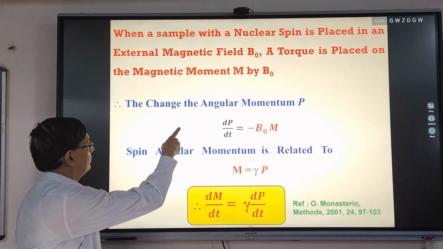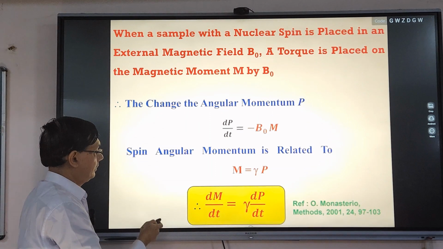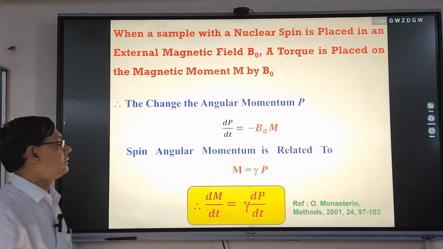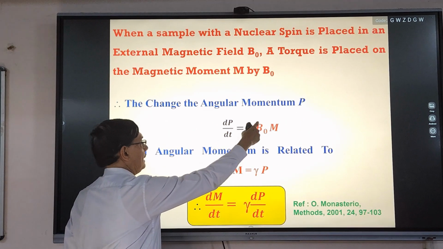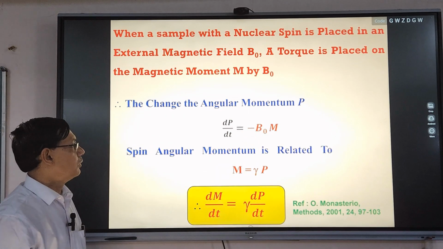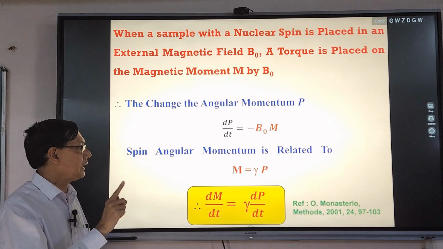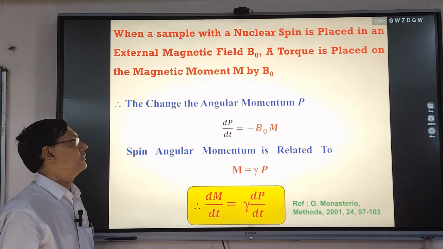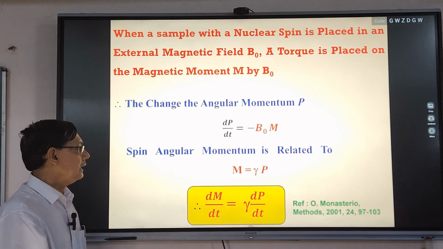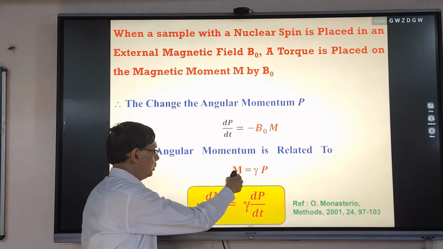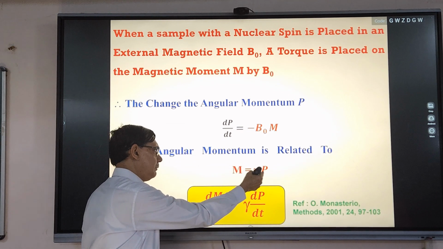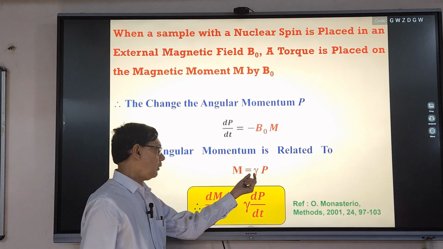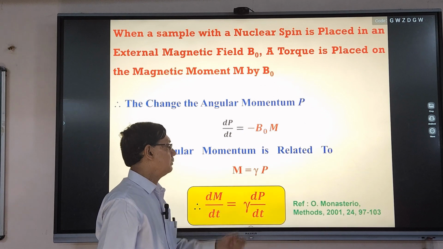Now the change of the angular momentum is equal to minus B0 and M, that is, the external magnetic field and the magnetic moment, or you can write the magnetization. Fortunately, the spin angular momentum is directly proportional to that magnetization, with a constant, the gyromagnetic ratio.